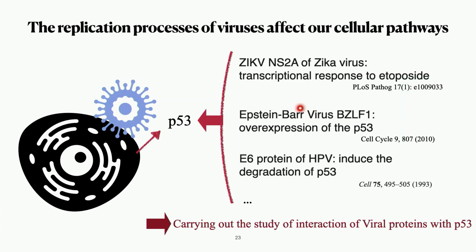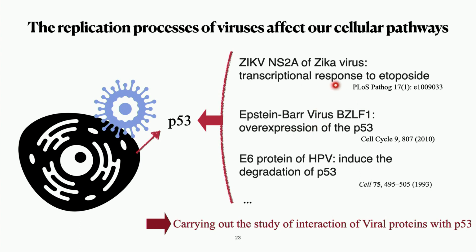From experiment, we found much evidence that the virus always tries to affect the cellular pathway and interact with the P53 proteins. However, the molecular mechanism has not really been found recently.